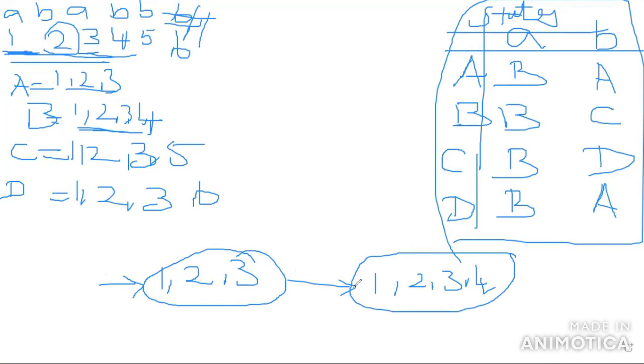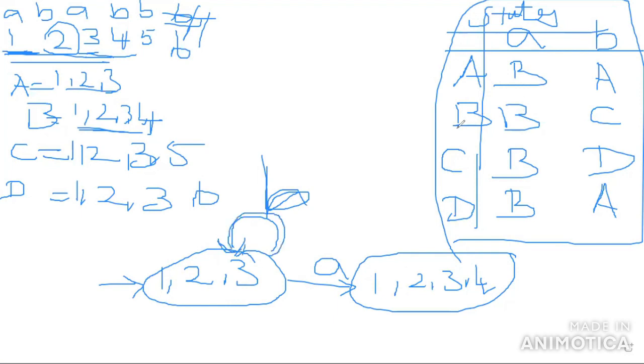So A moves to capital B. Then A, B can move to A only. Sorry, this is B. So A is capital B. A, B is A only.